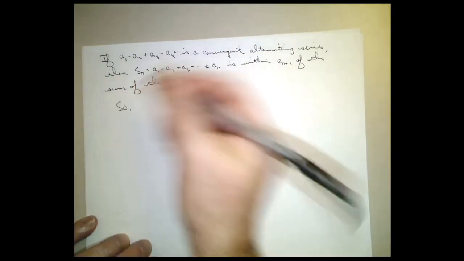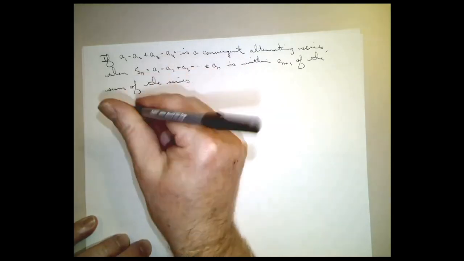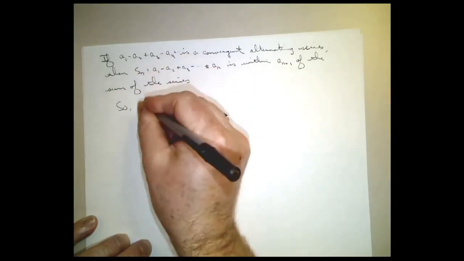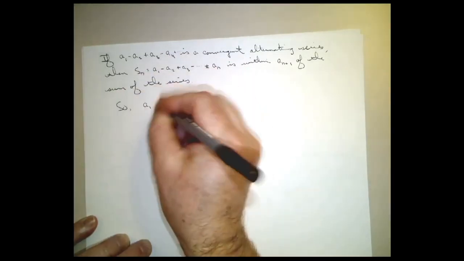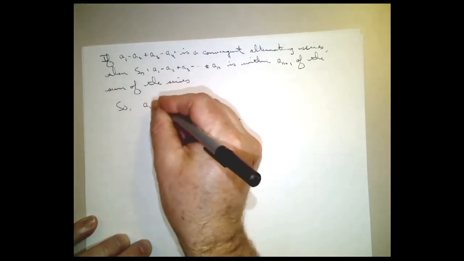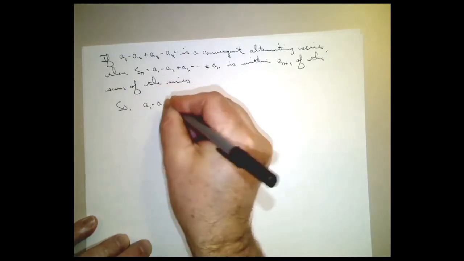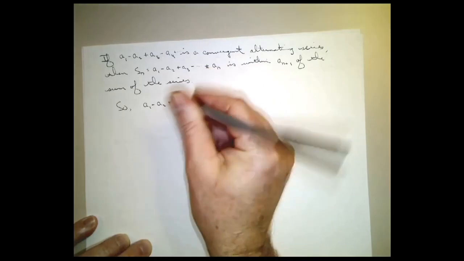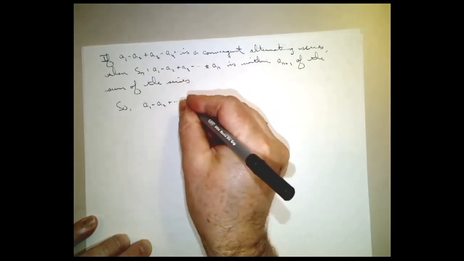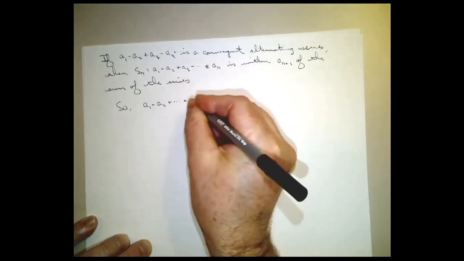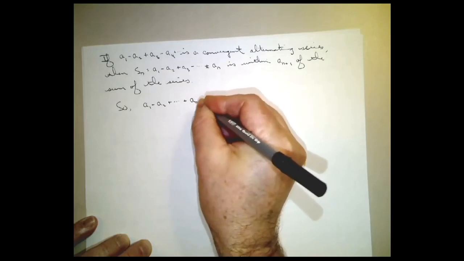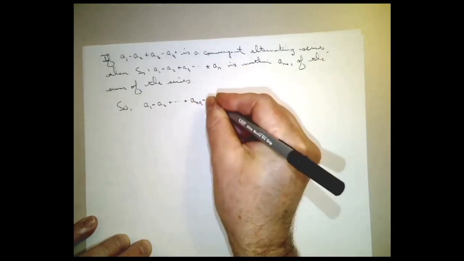Right? And so in our example, if I wanted to look at, say, the 100th partial sum, I'm always adding on the odd terms, I'm subtracting off the even ones.